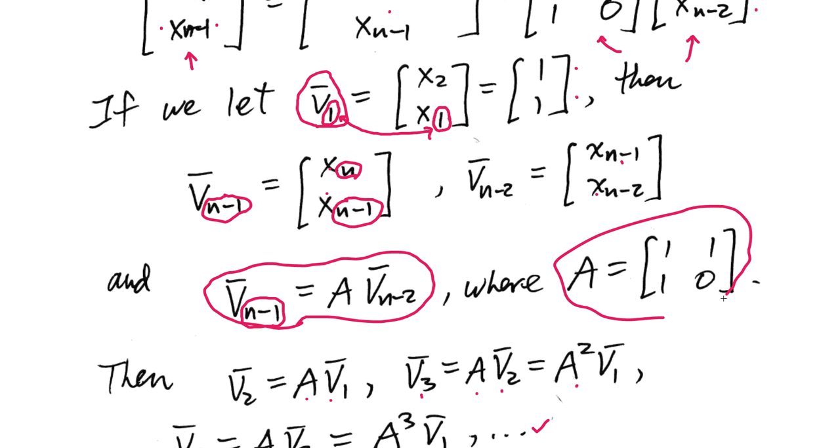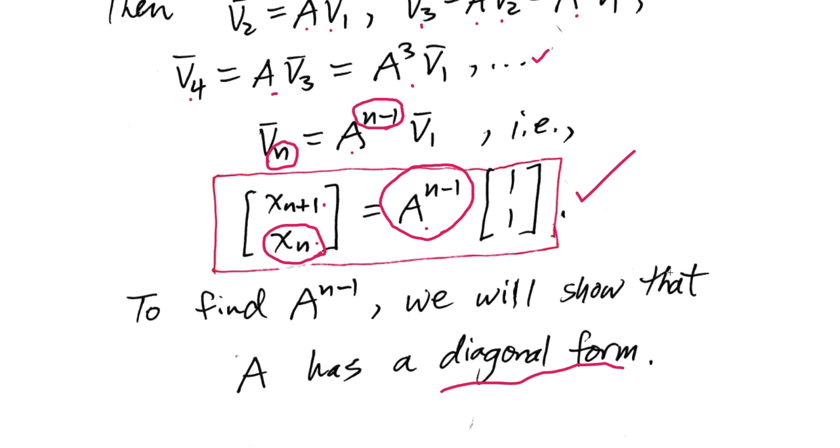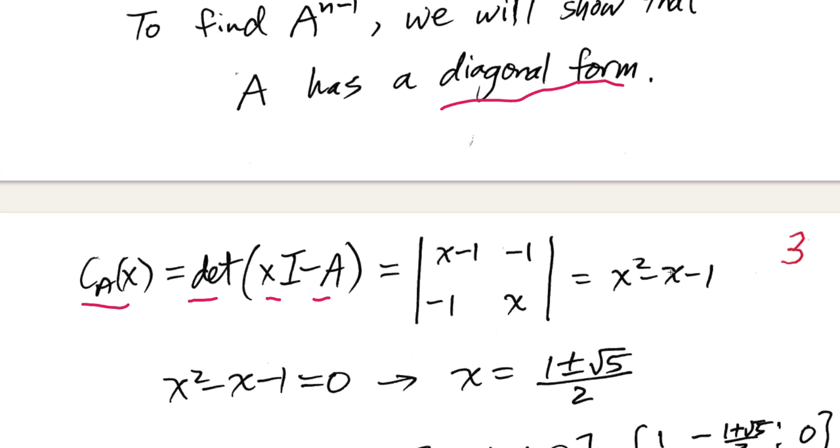Okay, so if I went xI minus A, it would be x minus 1, negative 1, reading across, negative 1, x minus 0, or x. Okay, now just take the determinant of that, the matrix on the inside, and we would actually get this: x squared minus x, and then subtract the product of the off-diagonal elements, that's 1. So I'm subtracting 1. So the characteristic polynomial is x squared minus x minus 1.